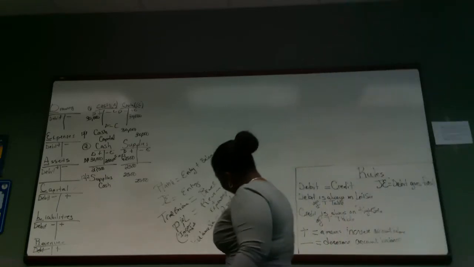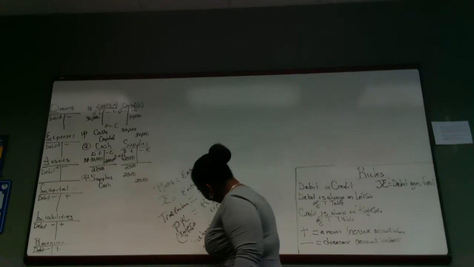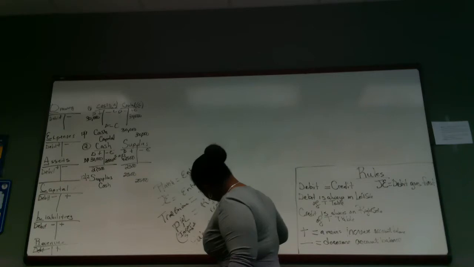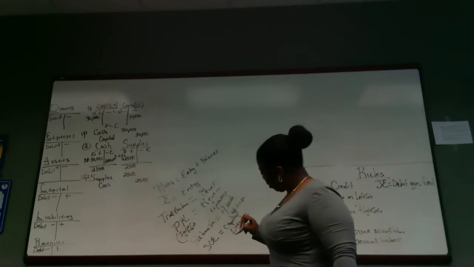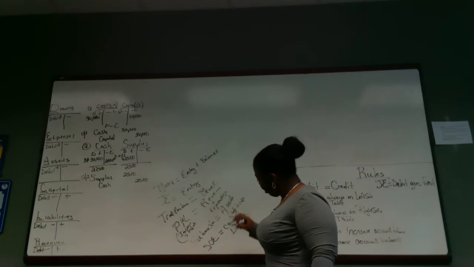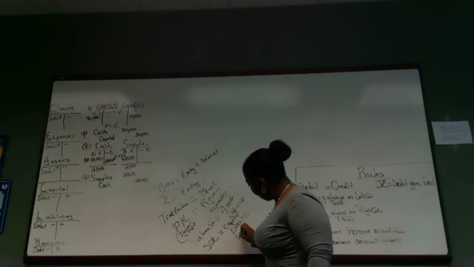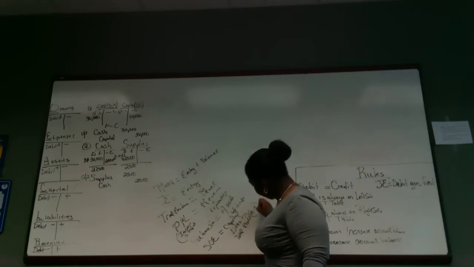You have the statement of owner's equity. That just shows you your capital, your drawing, and the total profit, which is the revenue minus expense.